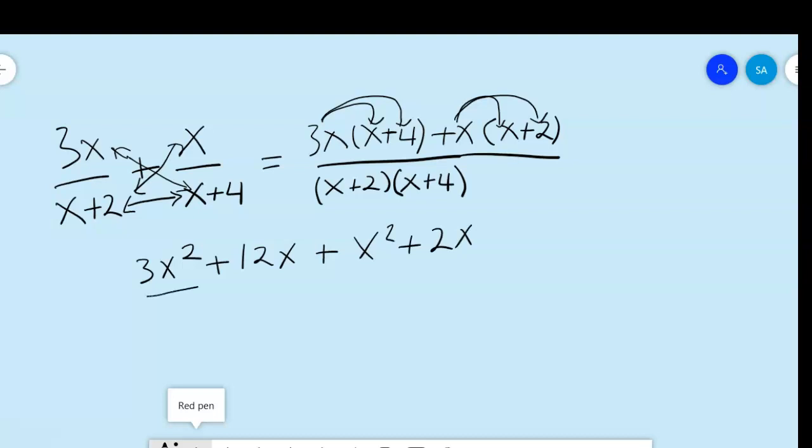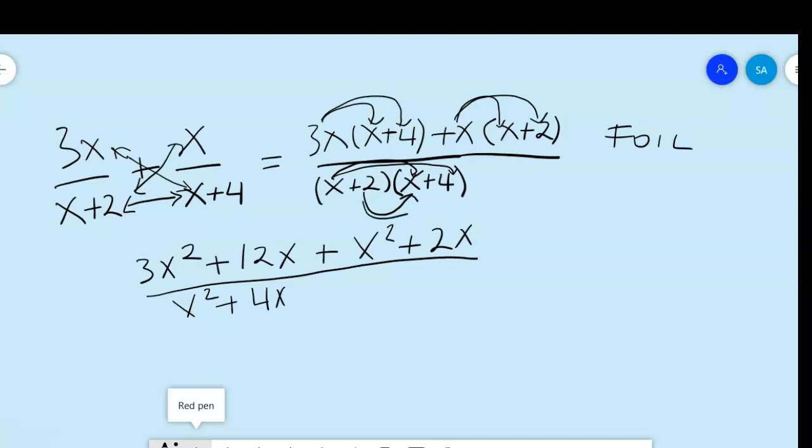Then all divided, here too you're going to use the FOIL. First, x times x is x squared, plus 4x, and then we take the 2 and multiply it too. So 2 times x gives us 2x, and 2 times 4 gives us 8.